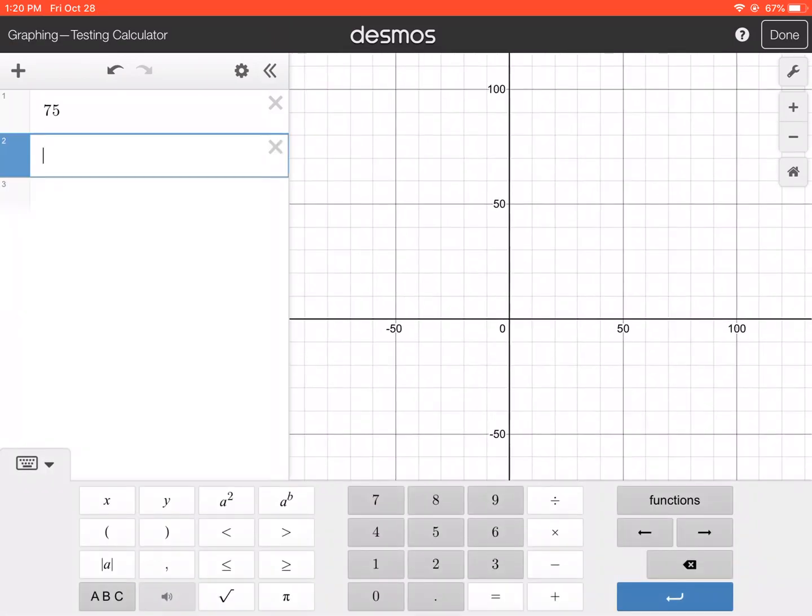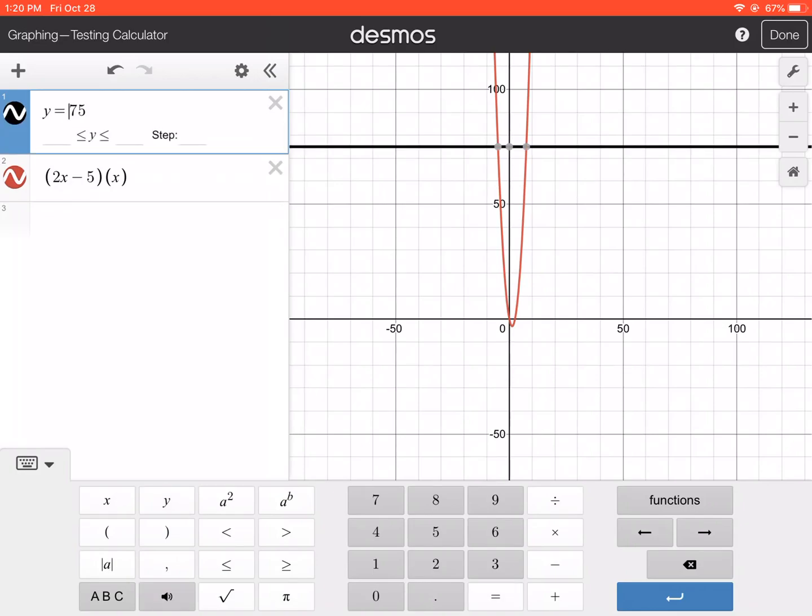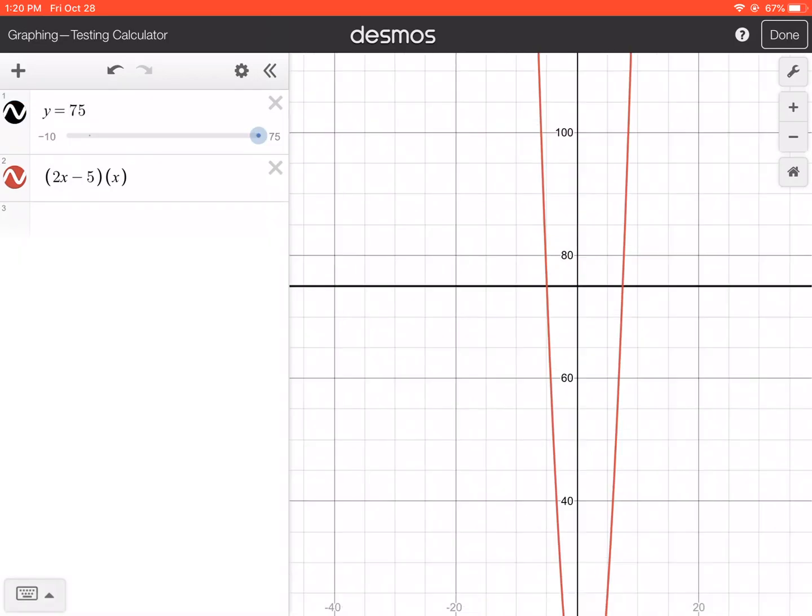Okay, nothing happened because Desmos thinks that I'm going to do a calculator, so I need to remember how to make a graph. So in the meantime, I'm going to type this in, 2x minus 5, and then an x in parentheses after that. We're multiplying. Okay, hopefully by now you're remembering what you need in front of that 75 to make it graph, and that's a y equals.